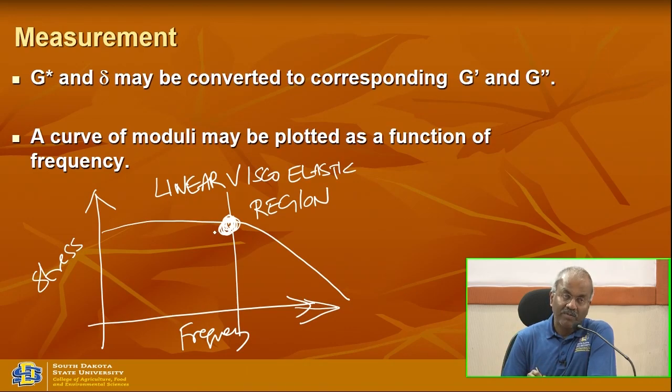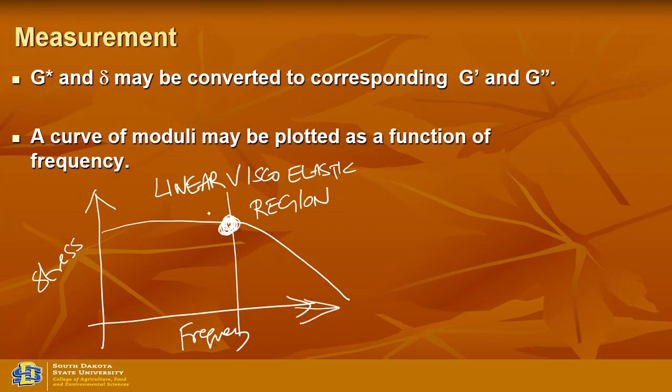So this is the bottom line. If you don't do the test and just go and do other tests, whatever results you are getting won't be the right ones, and they won't be reproducible if you are not working in the linear viscoelastic region.